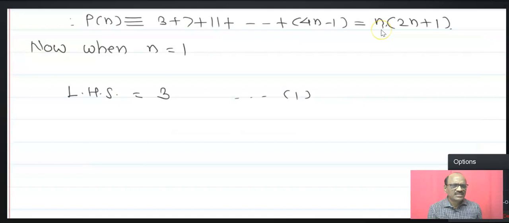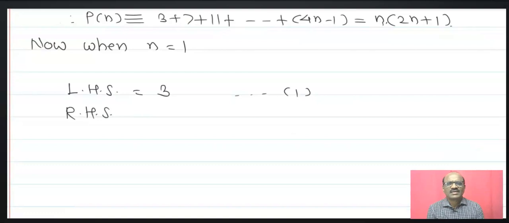Now we'll consider the RHS. What is RHS? The RHS is n in bracket 2n plus 1. Therefore, in this step, we substitute n is equal to 1 and calculate. If it is 3, then we say that LHS is equal to RHS. It means that our first step is here. Now see this RHS.